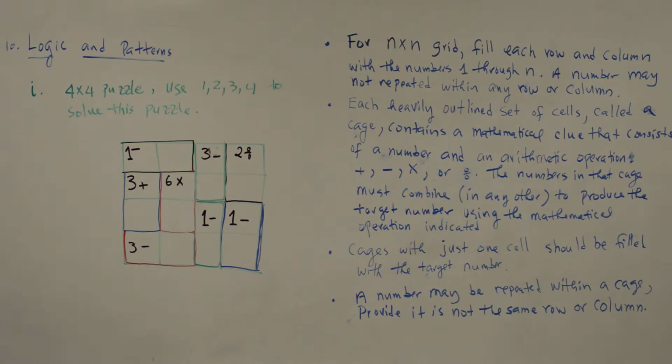Cages with just one cell should be filled with the target number. The number may be repeated in the cage, provided it's not in the same row or column. Okay, let's look at the 1 here.